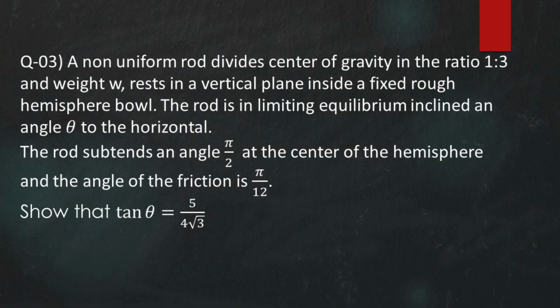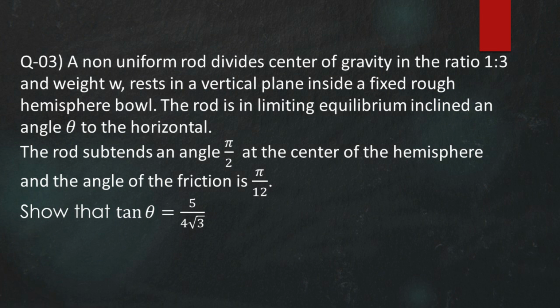Okay children, so this is my next sum. A non-uniform rod, whose center of gravity divides it in the ratio 1 to 3, and of weight W, rests in a vertical plane inside a fixed rough hemispherical bowl.